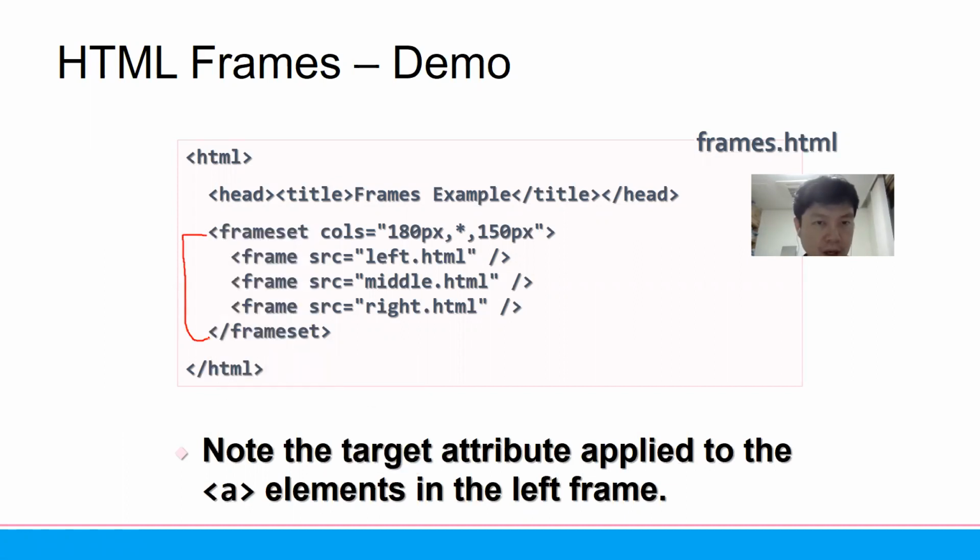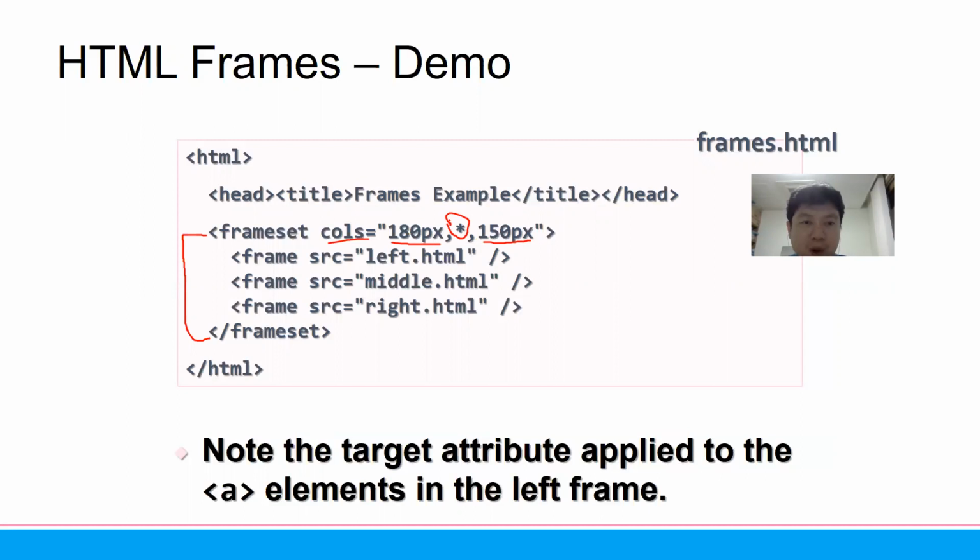Then you can see the columns. The columns have 180px, then star, and then 150px. So the left will be this size, the right will be this size, and the middle is the remaining.